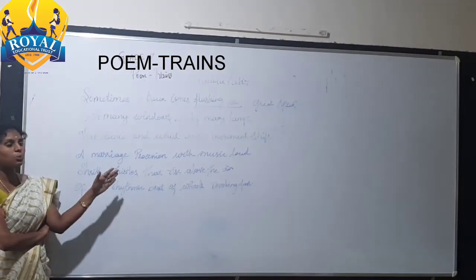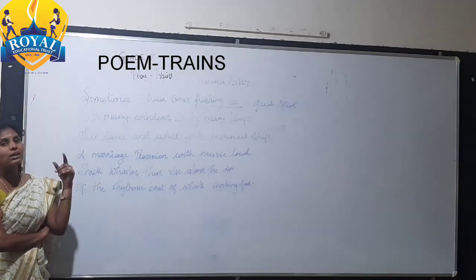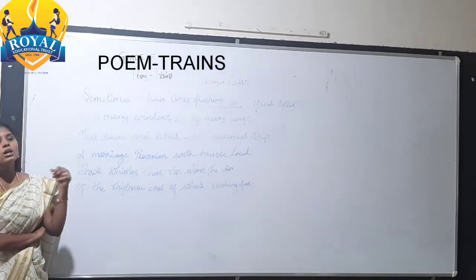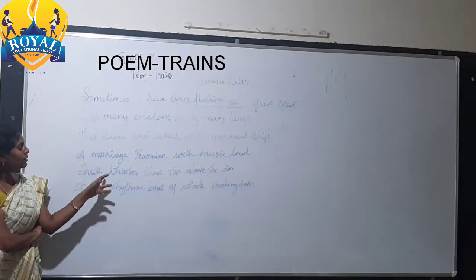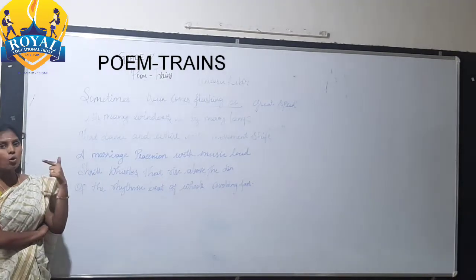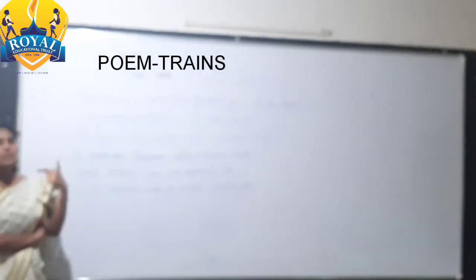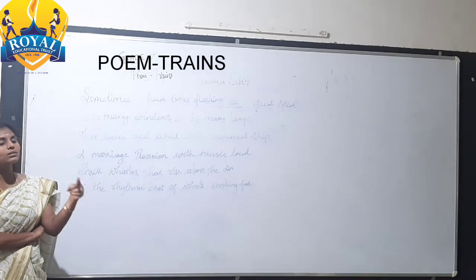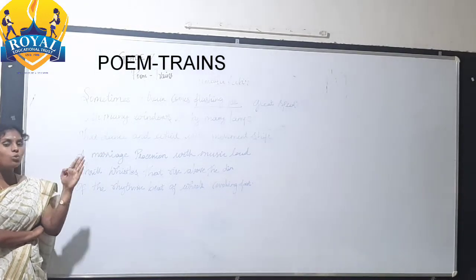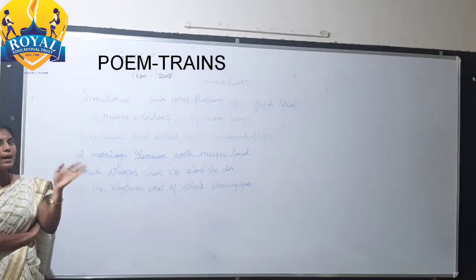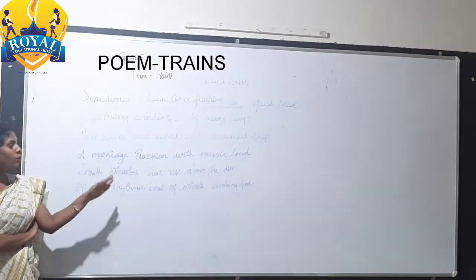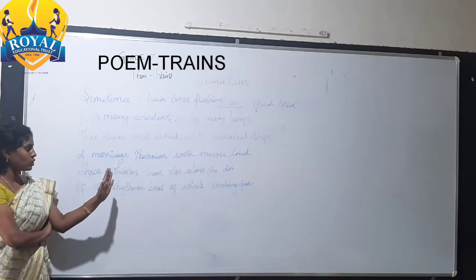Through this marriage procession, we make a sound, using loud music. Then he compares the sound, crich, crich, crich, that sound that comes from the train, to the loud music of the wedding procession.